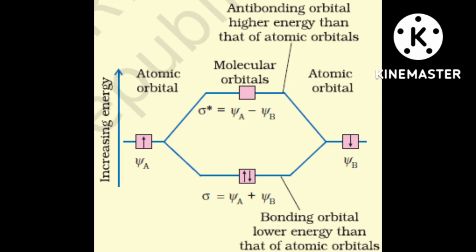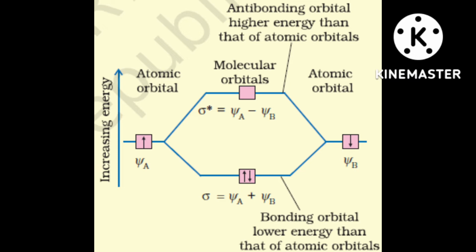Suppose for atom A it is psi A and for atom B psi B. Psi A tells information about atom A and psi B tells information about atom B.